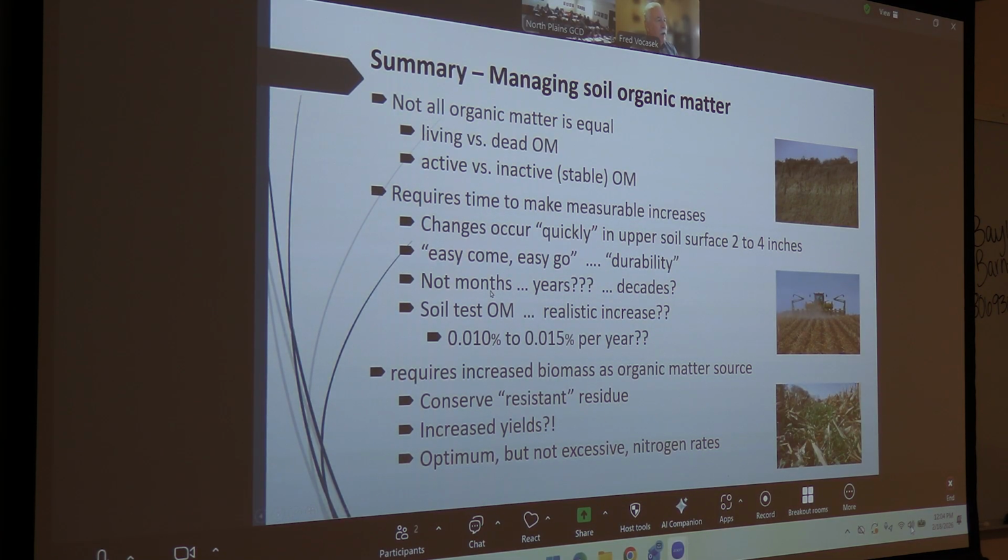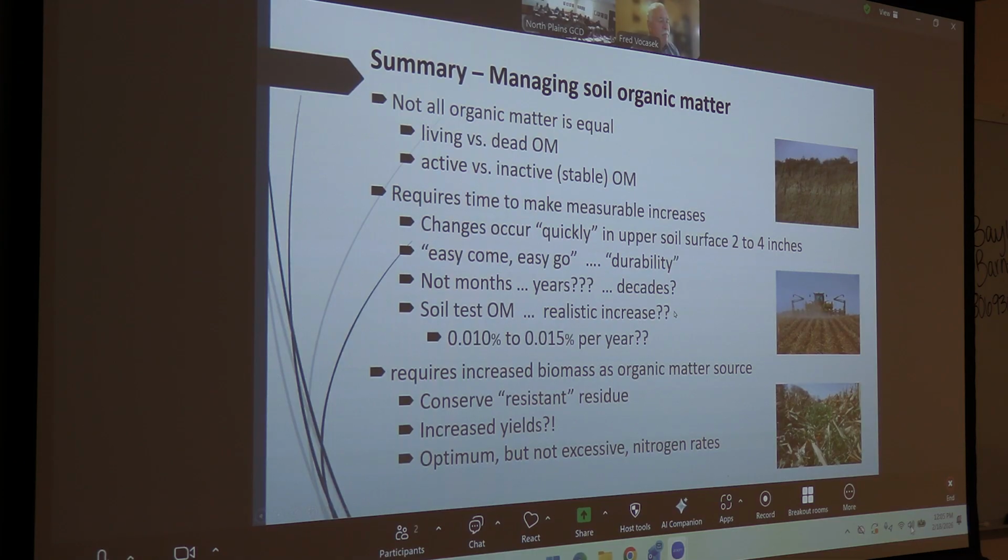So thinking in terms of building soil organic matter, it may take years, it may even take decades before we can see important measurements. So I think that a realistic increase in soil organic matter under, we'll say, normal, typical management, super exceptional, we look at 10 to 15 1/1000ths percent per year.